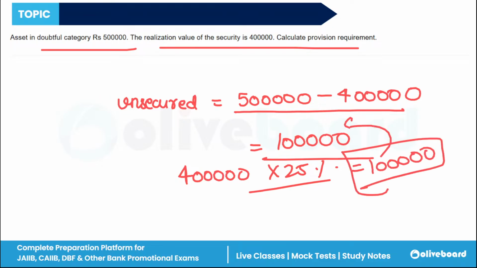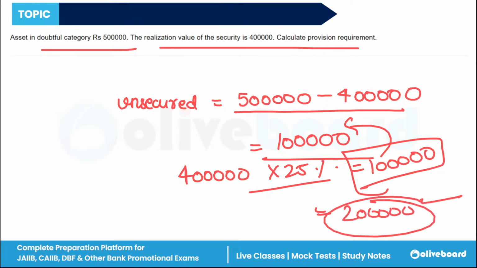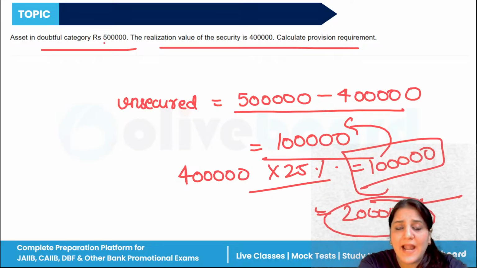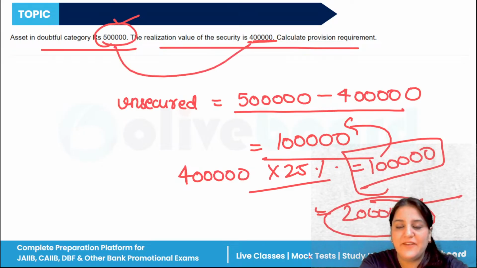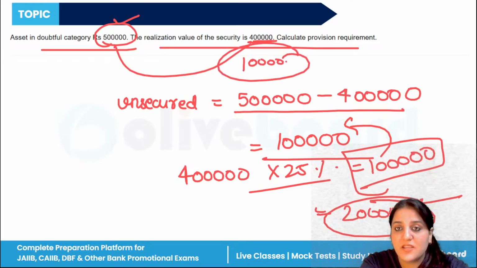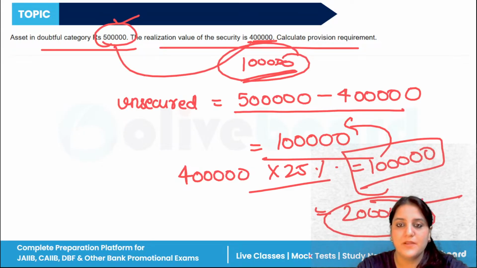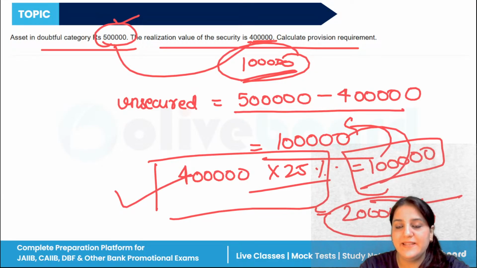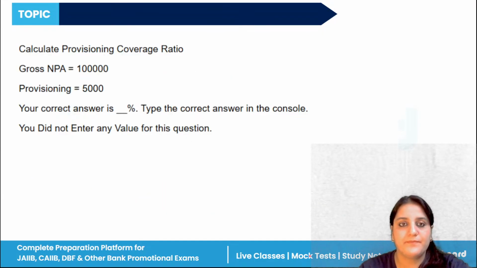So 1 lakh and 1 lakh is equals to 2 lakh. That is the answer here. Got it? Because the asset is in the category of 5 lakh but only 4 lakh is secured. So the leftover 1 lakh is unsecured. Okay. So just calculate the 25% and then add the unsecured one.